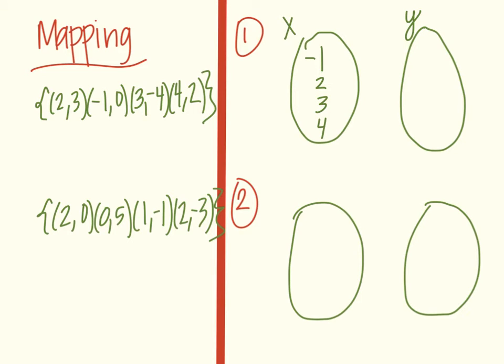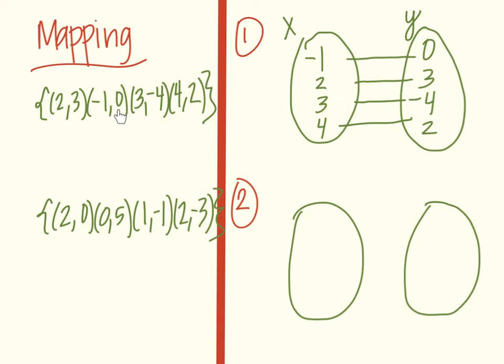Okay, so -1 goes with 0. So we have -1, 0. 2 goes with 3. 3 goes with -4. And 4 goes with 2. Then you draw a line from each domain to that range.